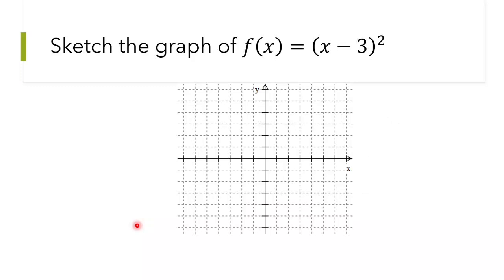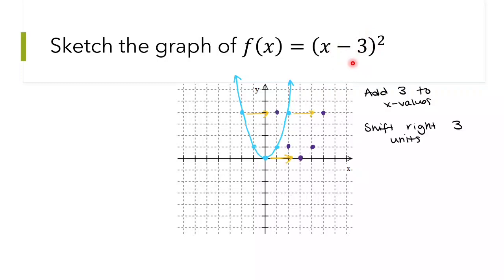So if I want to graph f of x equals quantity x minus 3 squared, I'll draw my parent function, which is y equals x squared, or my basic parabola. Goes through the origin, (1, 1), (-1, 1). Now, notice that the minus 3 is inside the parentheses. That's how I know this is an input transformation, and it's going to impact my x values.